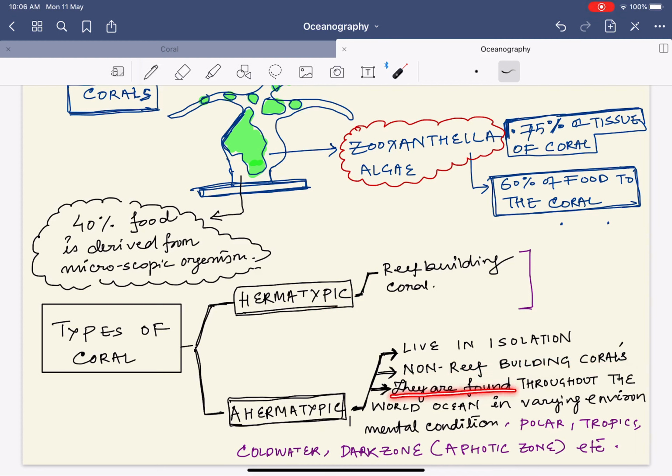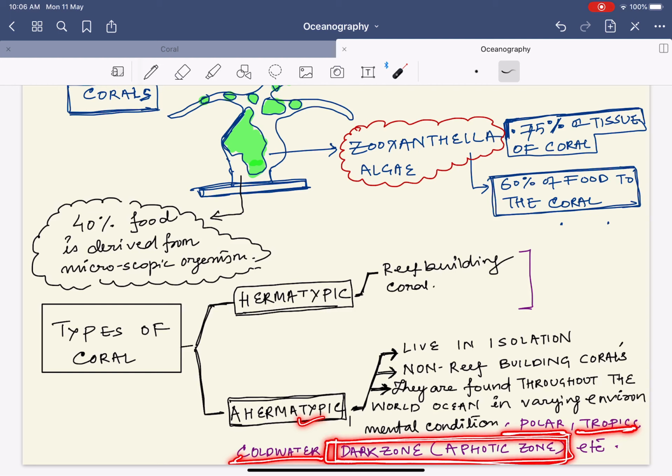Next, ahermatypic corals are found throughout the world ocean in varying environmental conditions. But where are the hermatypic found? We will study about it. Ahermatypic you can find in the polar region, you can find in the tropic region, you can find in the cold water, you can find over here in the dark zone or the aphotic zone. What is the aphotic zone? Aphotic zone is that part of the ocean where sunlight doesn't reach.